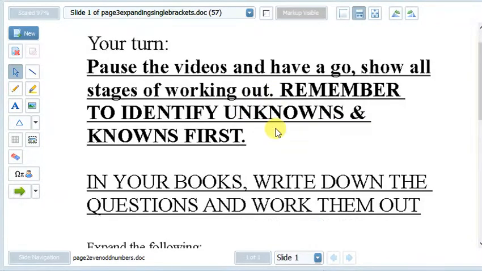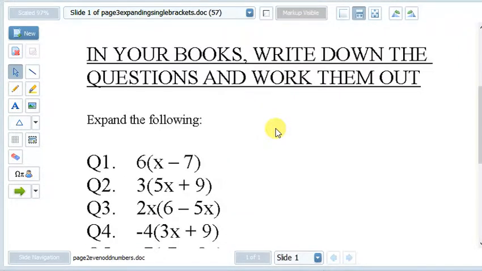Remember to show all stages of your working out. Remember to identify the unknowns and the knowns first. That's just to get your head into the way of starting to think about algebra as unknowns and knowns. In your books, write down the questions and work them out.